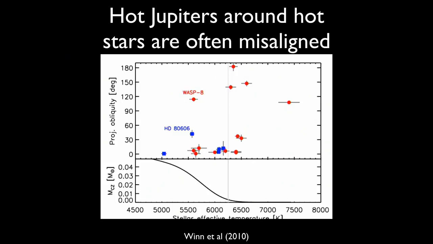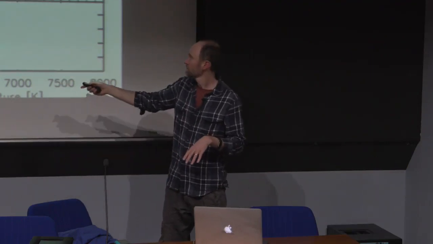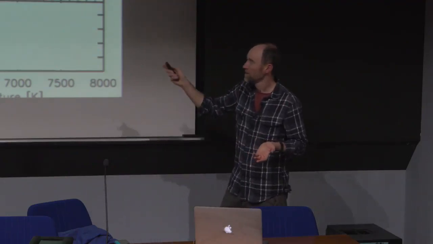They were saying that the convective zone of the star, which is maybe where most of the tidal dissipation within the star happens, shrinks as a function of the different stellar type. And so for stars that are hotter than this, they have very little convective zone, so presumably much less dissipation. So basically as the orbit gets shrunk, there's less recentering it in some sense and putting it in the same plane. That was the hypothesis that was put forth in this paper, and it seemed to work pretty well.